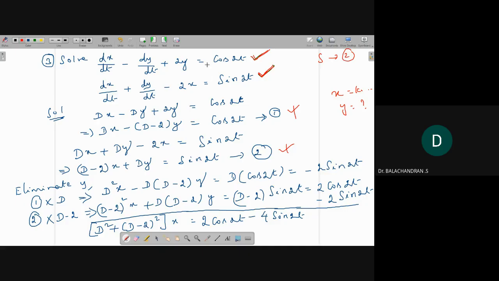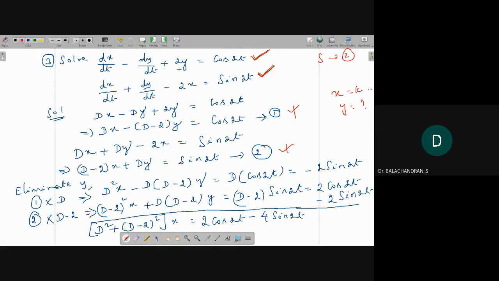If you see these two equations, you can tell the answer correctly.